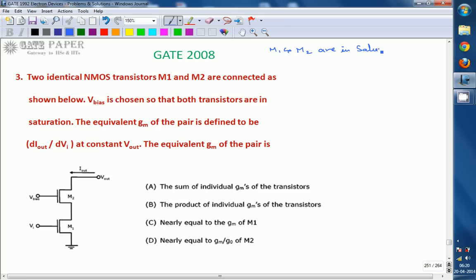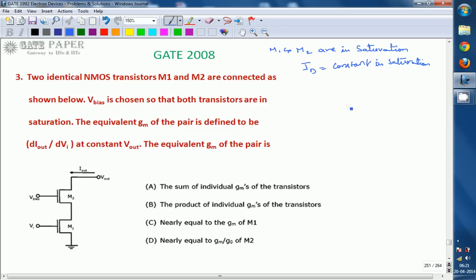The meaning of saturation region is that the current flowing through the transistors, ID, is constant. Current is going to be constant in the saturation region for an NMOS transistor.